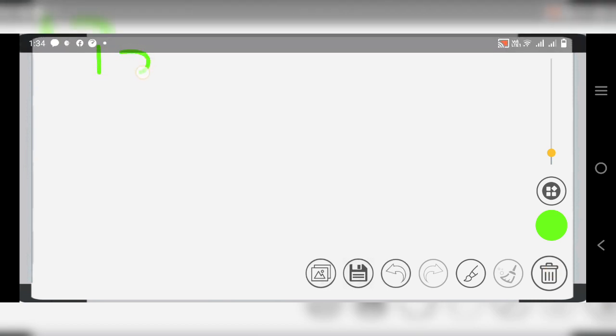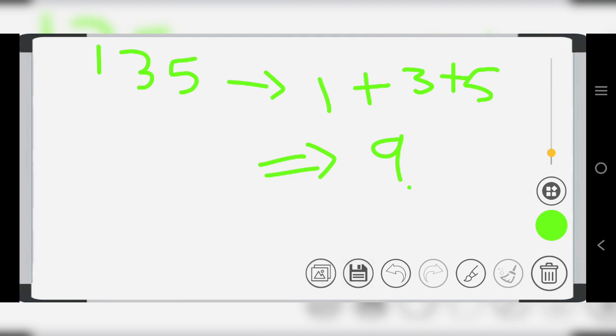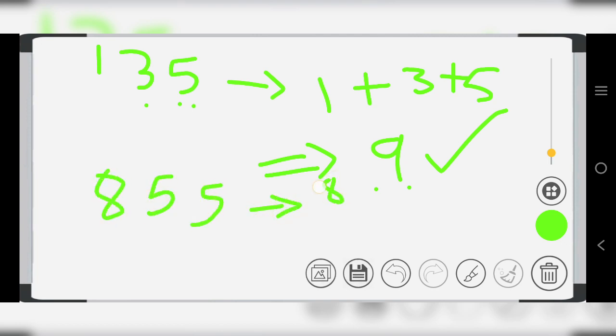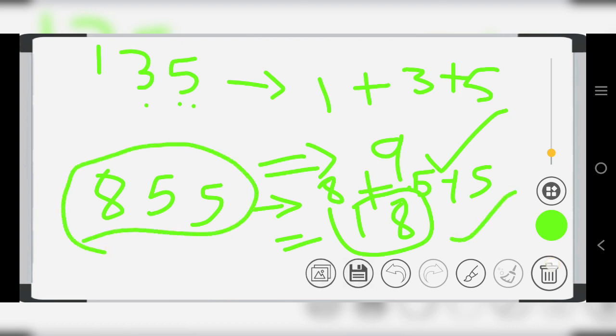I will give an example. 135. Let's add: 1 plus 3 plus 5, and we get 9. So 9 is divisible by 9, and 135 is also divisible by 9. Next, 855. Here 8 plus 5 plus 5 is 18, and 18 is divisible by 9. So 855 is divisible by 9.